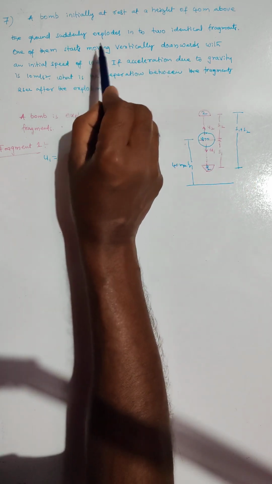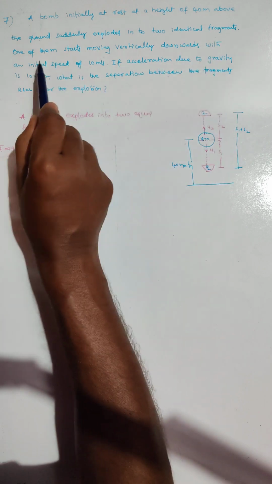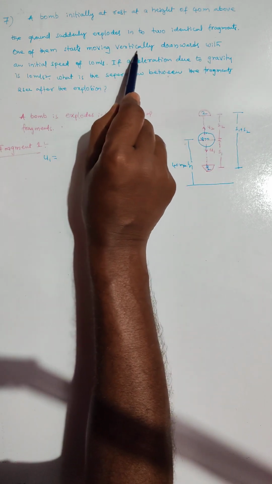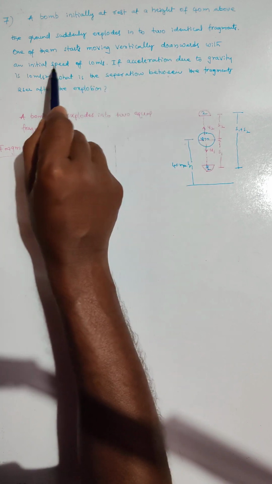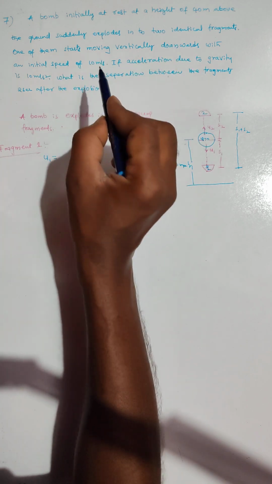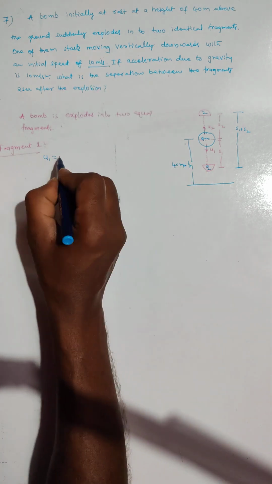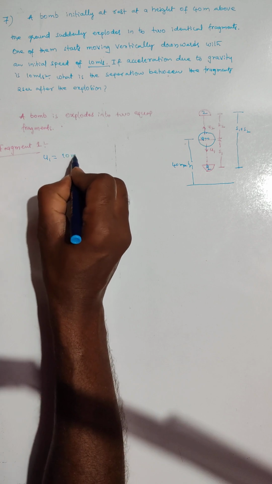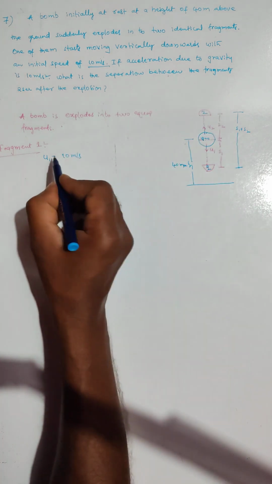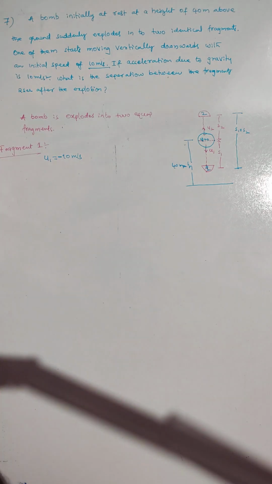Two identical fragments, and one of them starts moving vertically downward with an initial speed of 10 meters per second. This is 10 meters per second downward, so that's why it is minus.